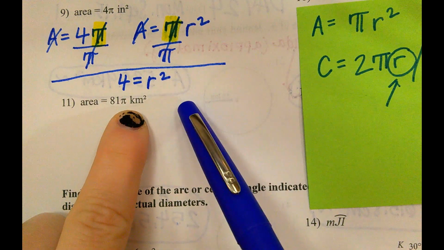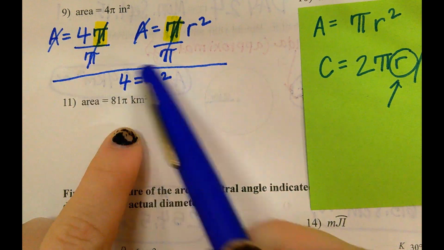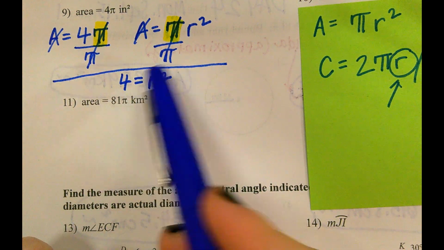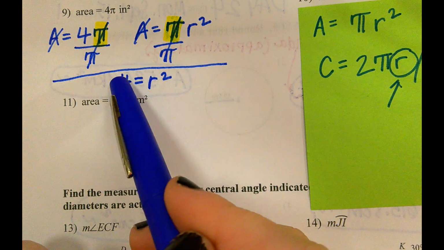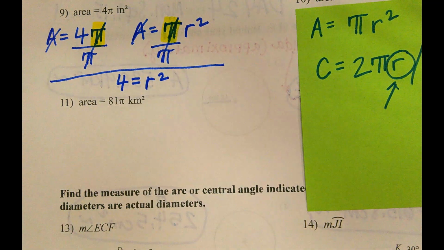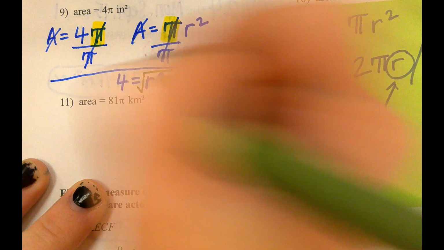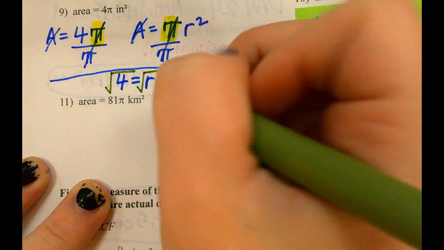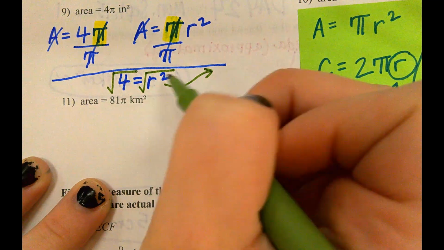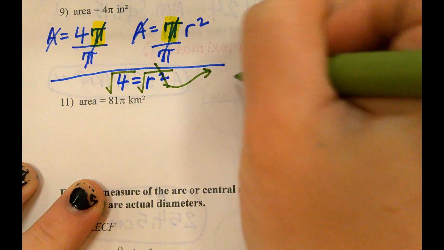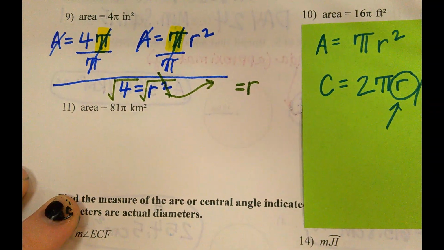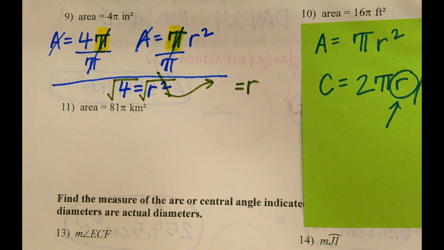When we solve an equation, we do the opposite to get rid of things. We need to get rid of squared. Radius squared is 4. So if I want to find radius, we're going to just square root both sides. What will happen is the squared will cancel, and now I have radius by itself. And now we just do the square root of 4.